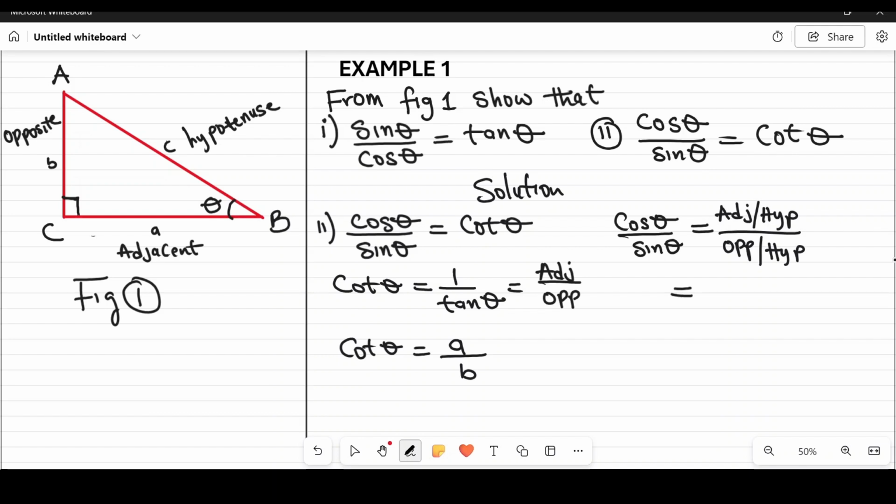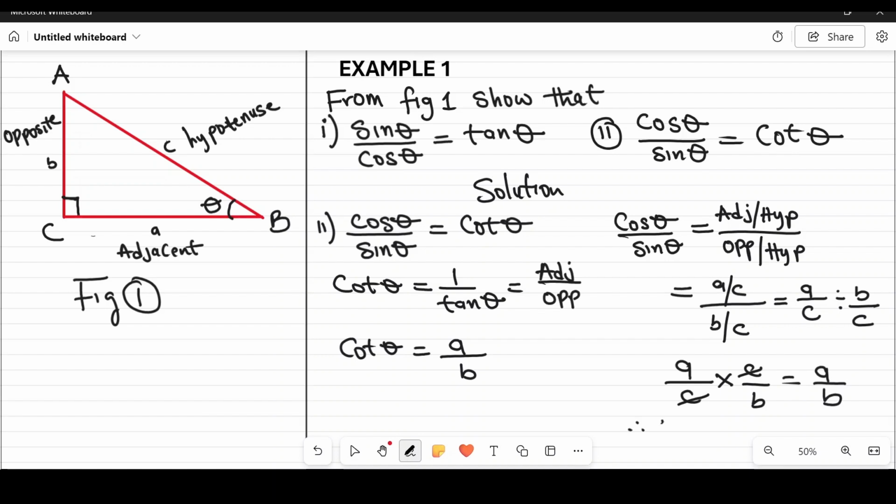From our figure, our adjacent is side CB, which is A. Our hypotenuse is side AB, giving us C, all divided by our opposite, side AC, giving us B, and our hypotenuse again, side AB, giving us C. Mathematically, this can be expressed as A divided by C, all divided by B divided by C. Applying the reciprocal of division, our equation becomes A divided by C times C divided by B. We cancel out C, and we are left with A divided by B. So therefore, cot theta is equal to A divided by B.